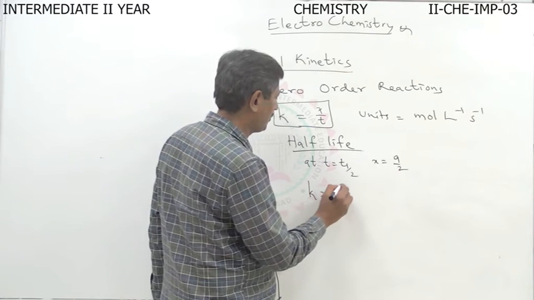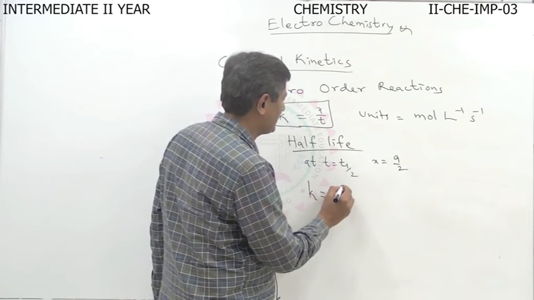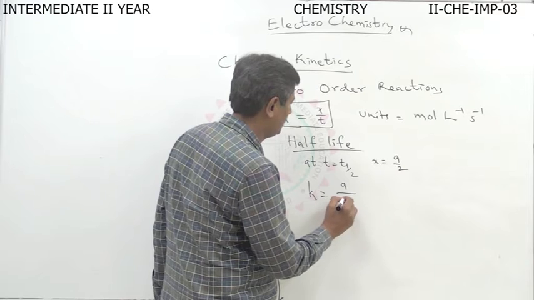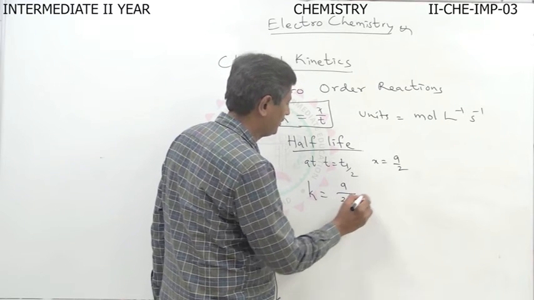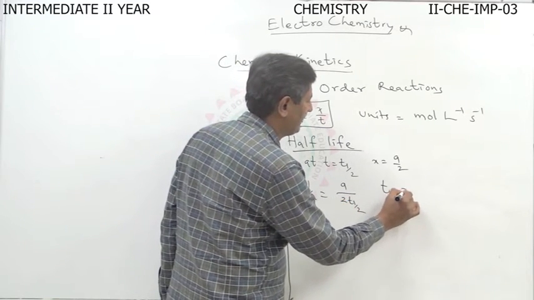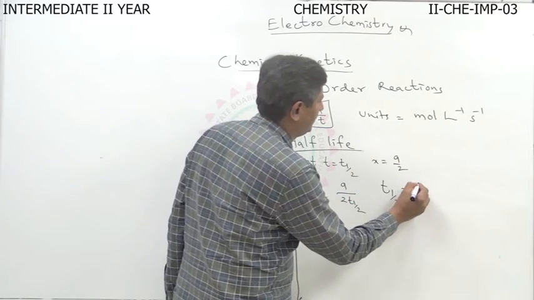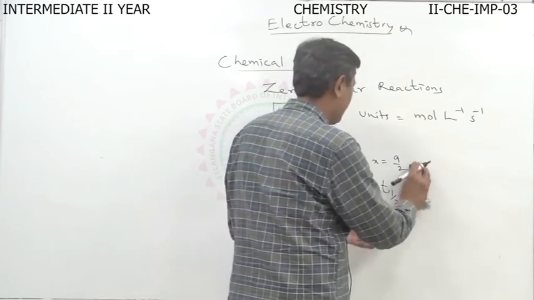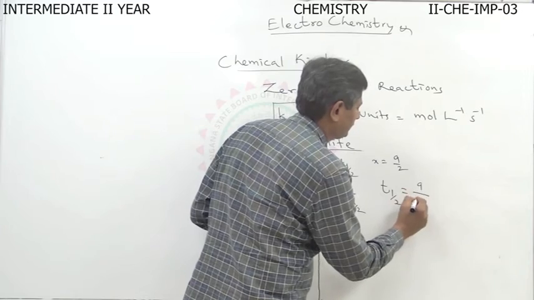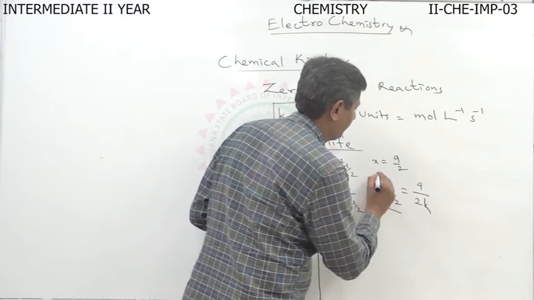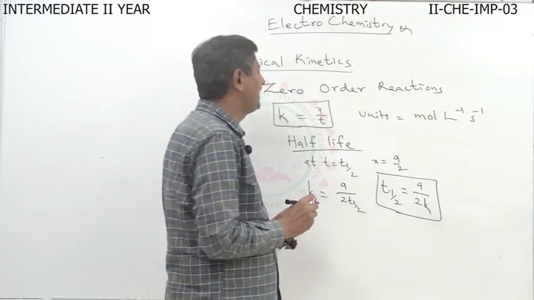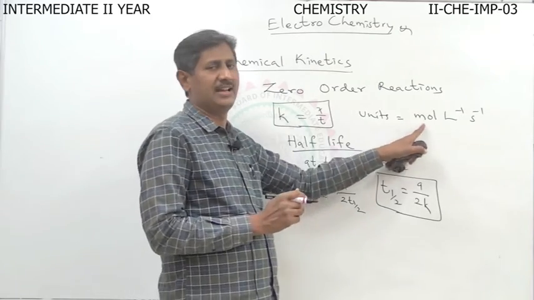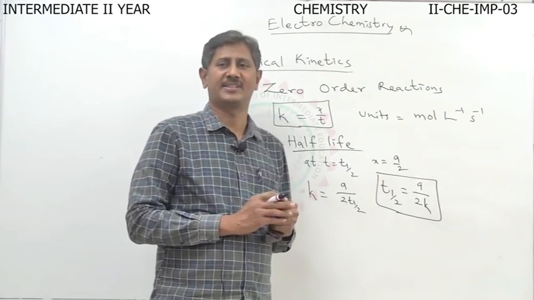So k is equal to a by 2 into t half. Therefore, t half is given by a by 2k. So generally we are expecting the units and examples for the zero order for 2 marks.